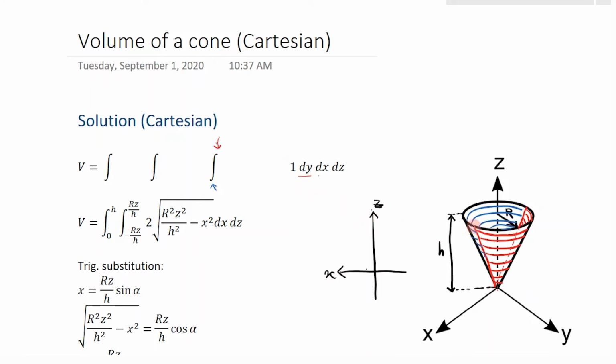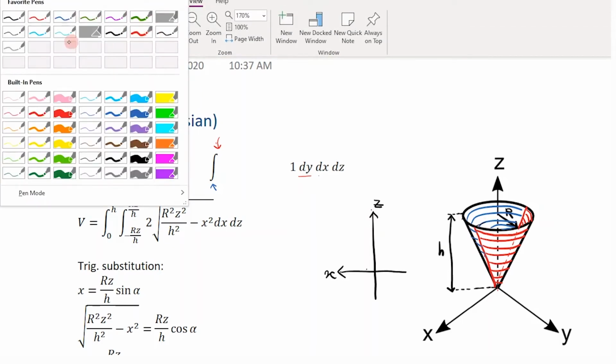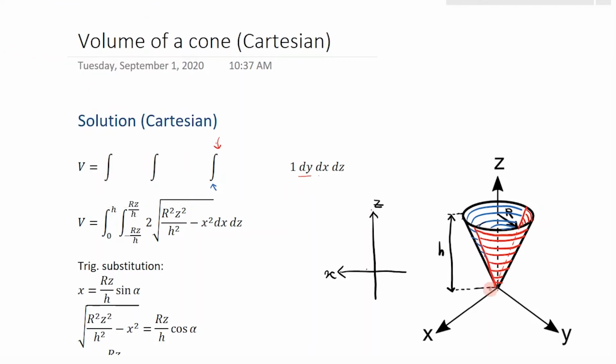We can think of it as a shadow of the cone, but since it's the xz plane, it's kind of hard to imagine it being a shadow. It's more like a projection of the cone onto the xz plane. It's sort of like you squished the cone onto this plane. So it's this triangle, like this.